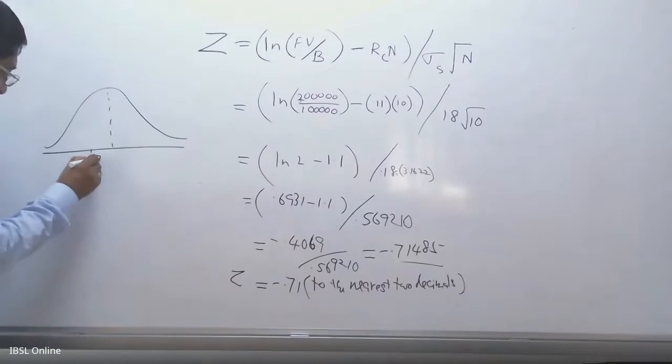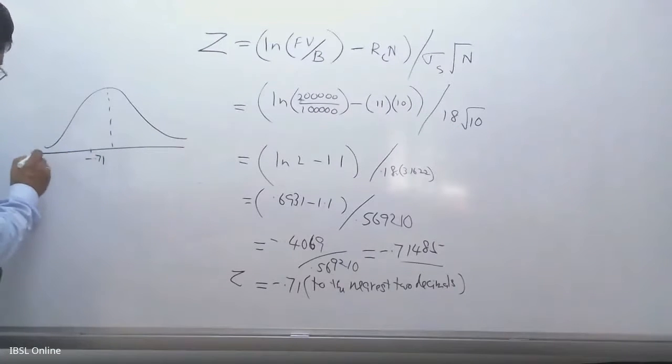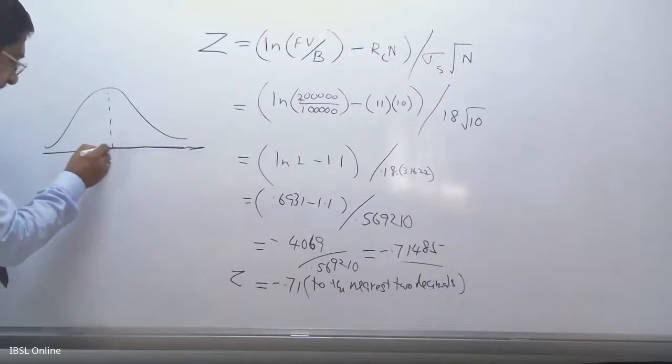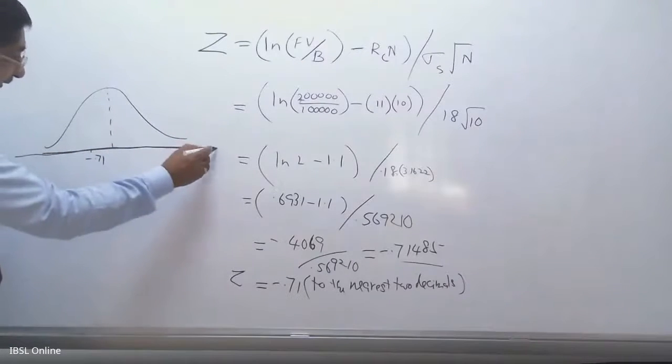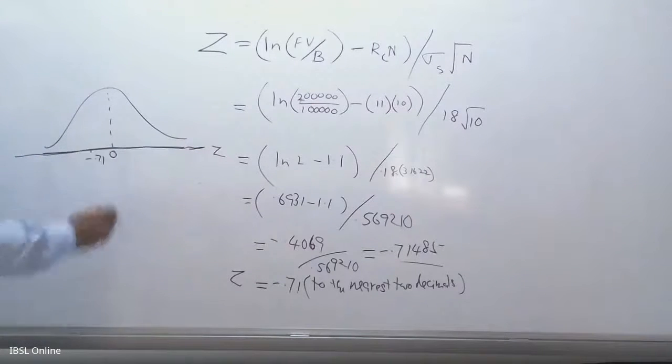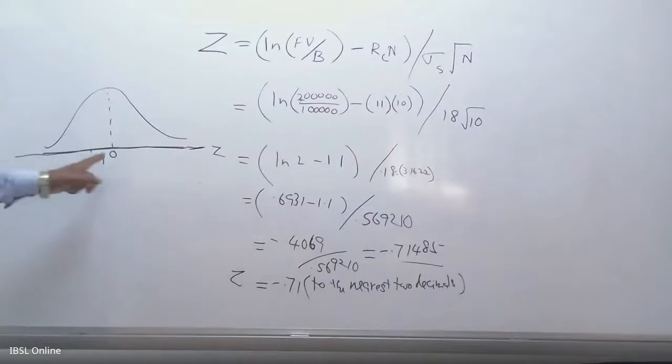This axis represents Z. It is 0 here, and to the left of 0 you get minus values, and minus 0.71 is here.